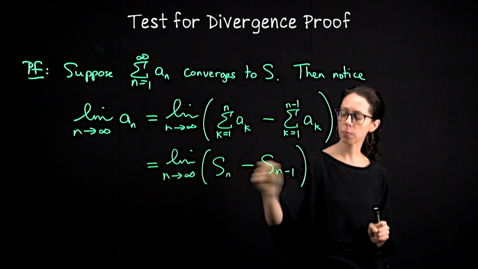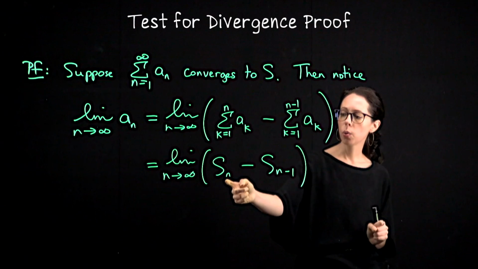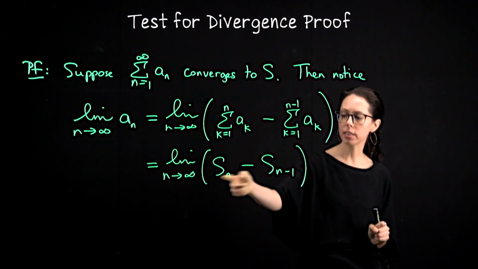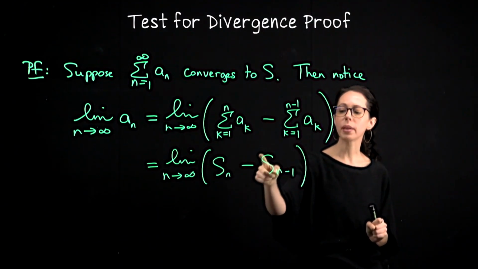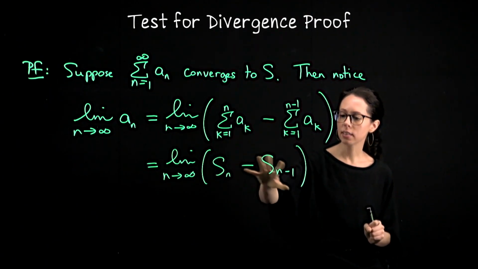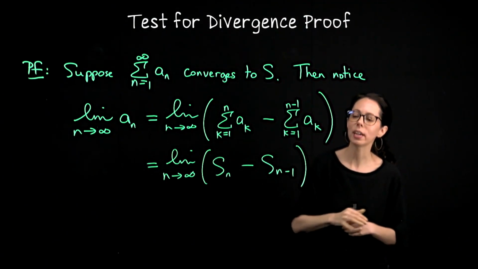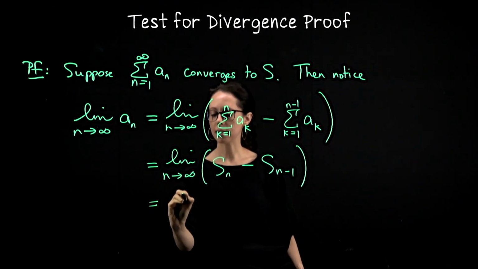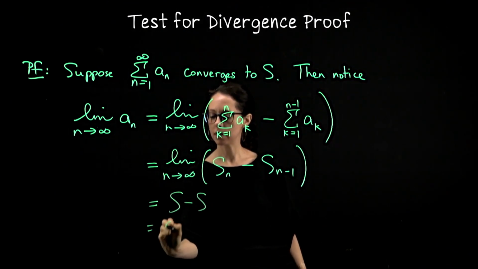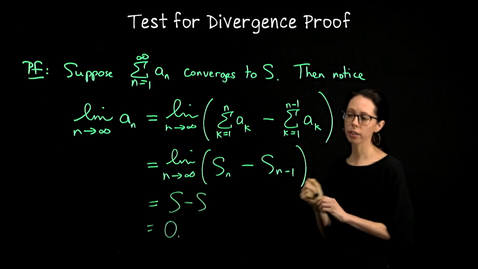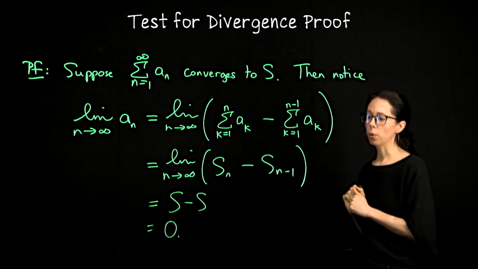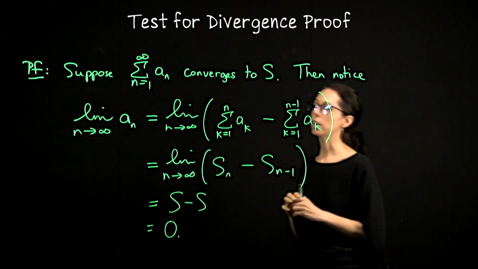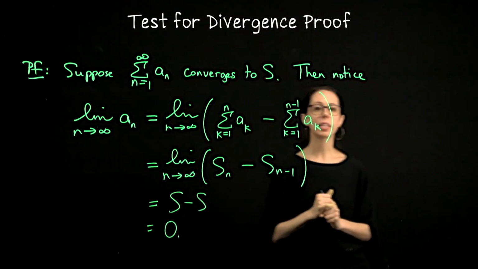That's true for both of these expressions because as n goes to infinity, we're saying look farther and farther out in your sequence of partial sums, whether we call it s sub n or s sub n minus 1. Both subscripts, if you will, are going to infinity. So this is going to s, this is going to s. This limit is s minus s, which is 0. And that concludes the proof. So we can say that the terms a sub n have a limit of 0 as n goes to infinity.